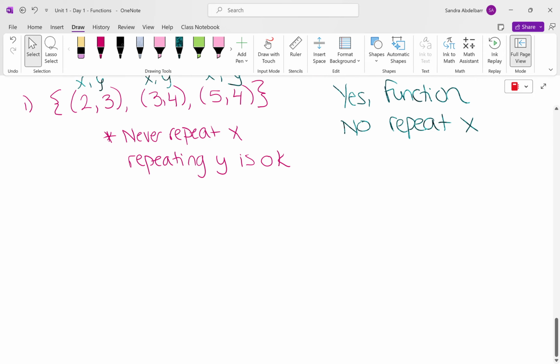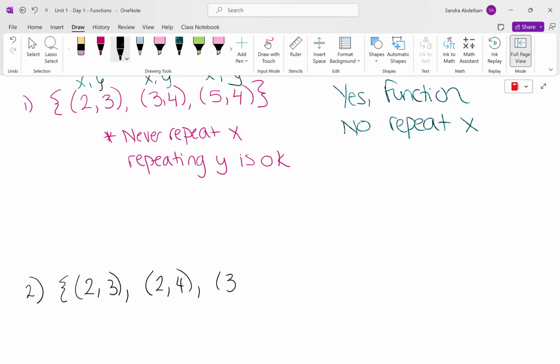All right, let's try another one. So now I'm giving you the set of points 2, 3, 2, 4, 3, 4. All right, let's take a vote.